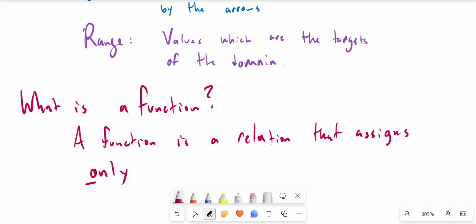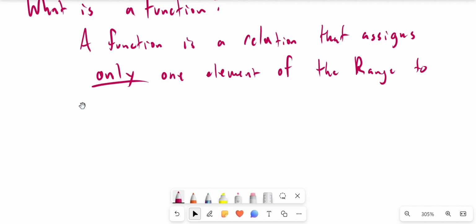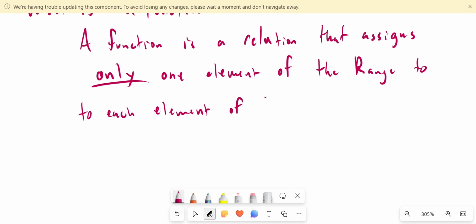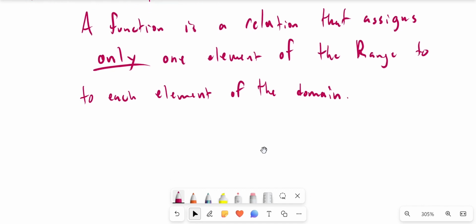It can only have one element of the range to each element of the domain. And that isn't to say that some things in the range won't get hit twice. They could. What we mean is that for the function there is only a single value for each input. Maybe we use the same value.